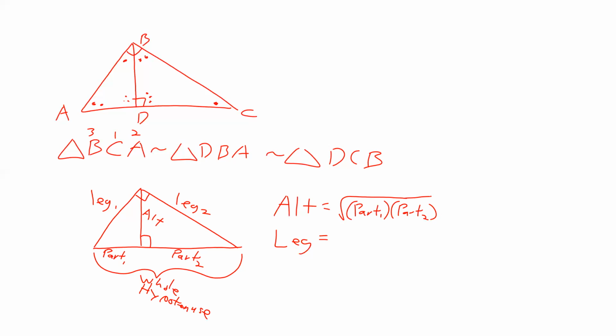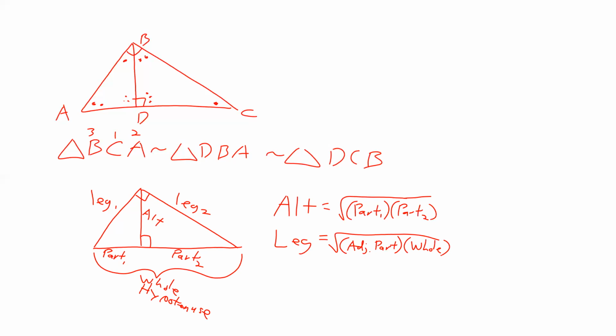The leg, each one of the legs, can be found by doing the geometric mean of the adjacent part times the whole. So both deal with the hypotenuse.